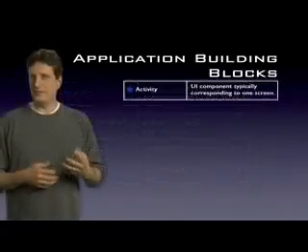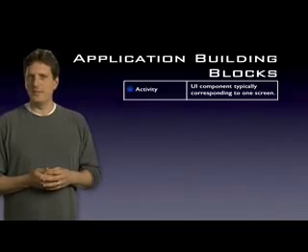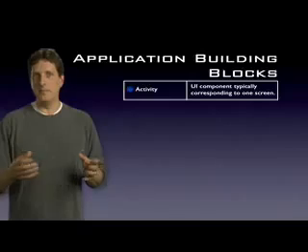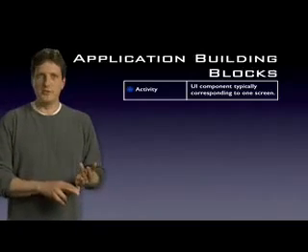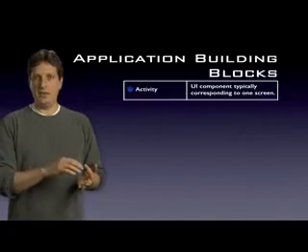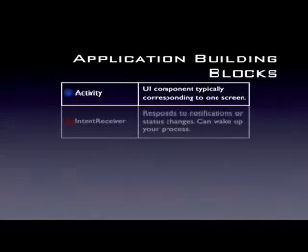An activity is essentially just a piece of UI, typically corresponding to one screen. So if you think of something like the mail application, that would be decomposed into maybe 3 major activities: something that lists your mail, something that shows you an individual mail message, and a compose screen to put together an outgoing email. An intent receiver is something different.